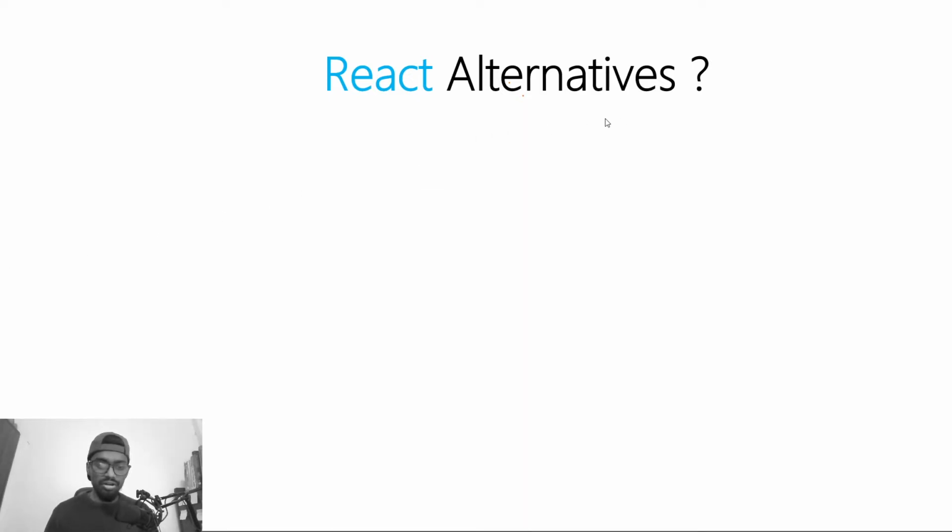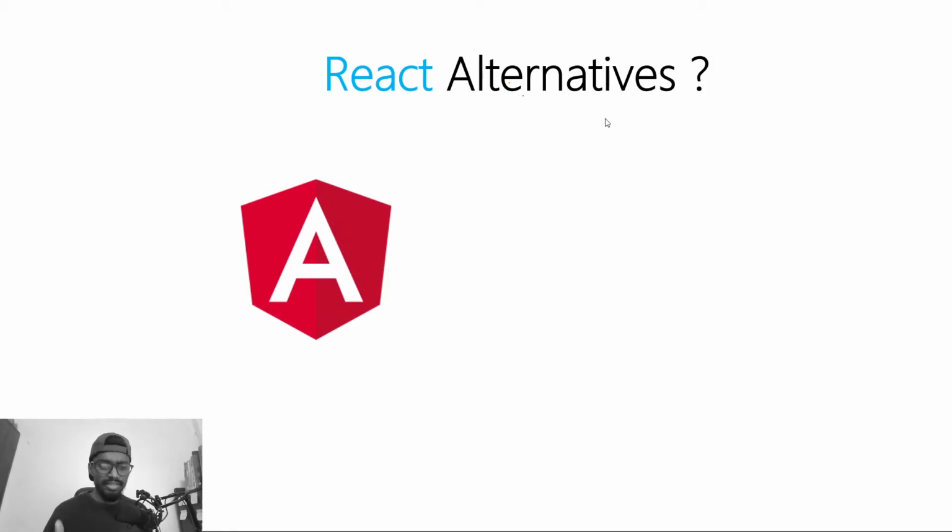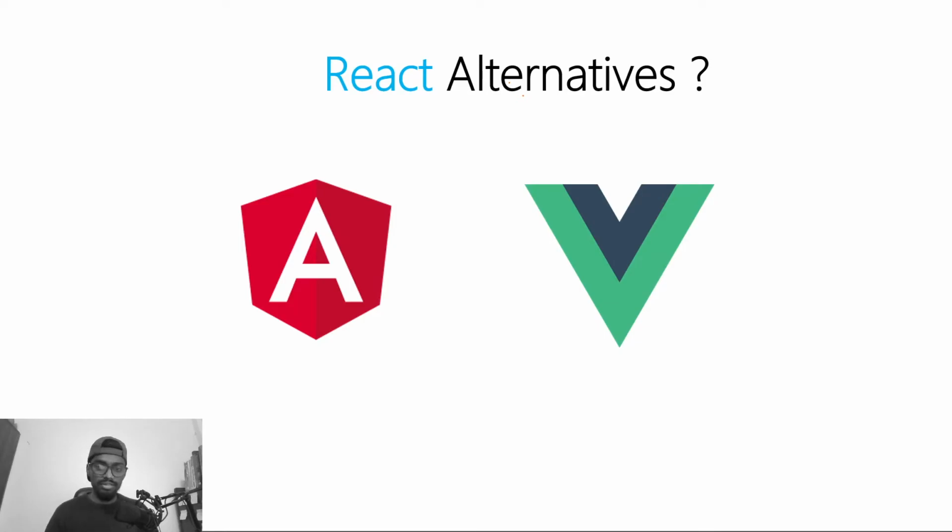While discussing alternatives, the first thing that comes to mind is Angular. There are various other alternatives like Ember and Backbone, but the famous ones we'll be discussing in this video are Angular and Vue.js. Angular is developed by Google and it is well maintained, and it is a framework that has a large ecosystem, and React is more of a library which has a shorter learning curve than Angular.